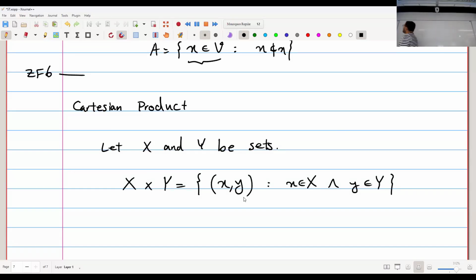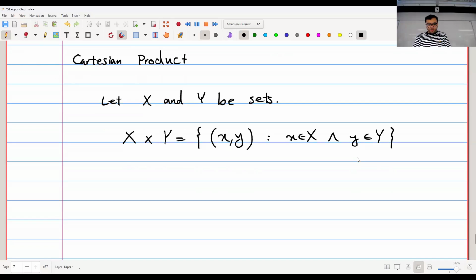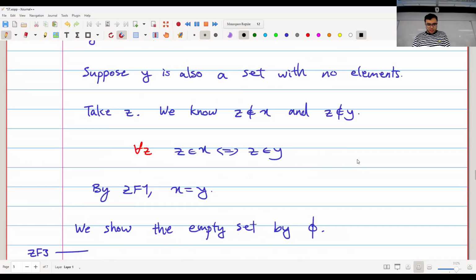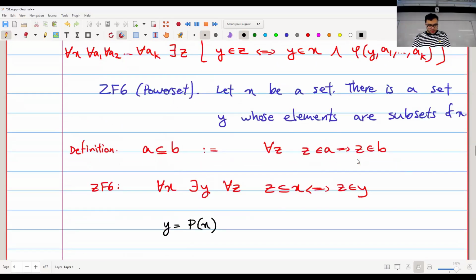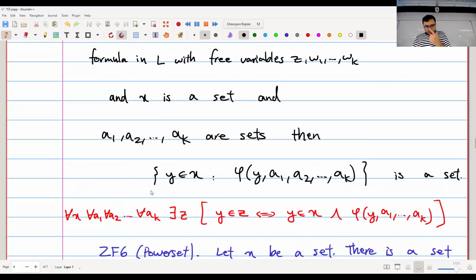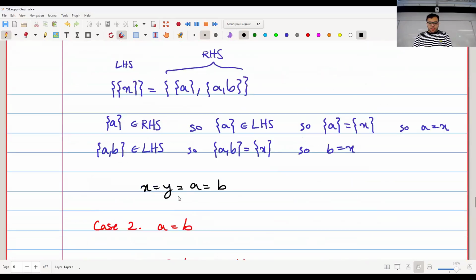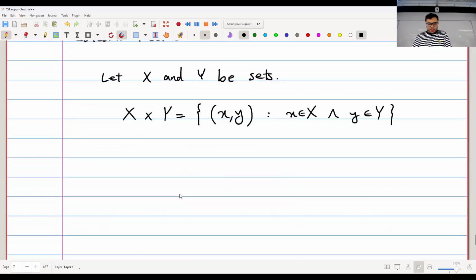I have to say this pair should come from some set. Okay. And actually, to be honest, this is also not exactly the format that we had for comprehension, because the format we had for comprehension was like the set of all elements of some set. I couldn't really have a pair here. I could just have one element, right? But that part is fine because I can rewrite this like this.